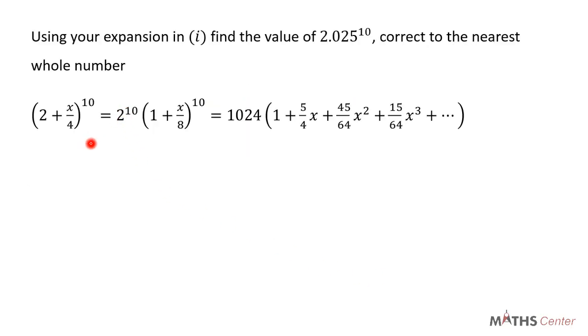So for the second part, we are going to use this expansion to evaluate 2.025 exponent 10. We have learned that if you are going to use the expansion to evaluate a number, then the absolute value of the term containing x should be less than 1.